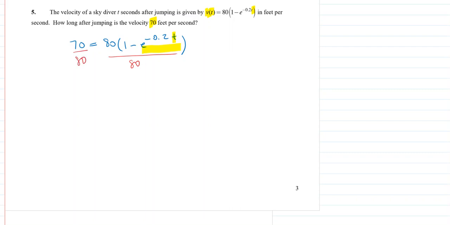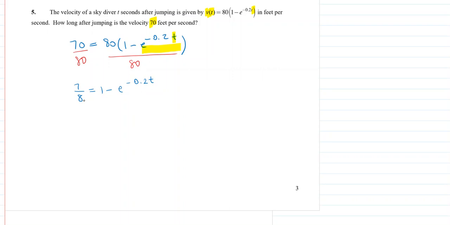And remember, never round in the middle of a problem. So 7 over 8, this one can be written as an exact decimal, so if you want, you can convert it, or just leave it as 7 over 8. 1 minus e to the negative 0.2t. Now again, think about if this was the thing you were trying to solve for, what would you do?